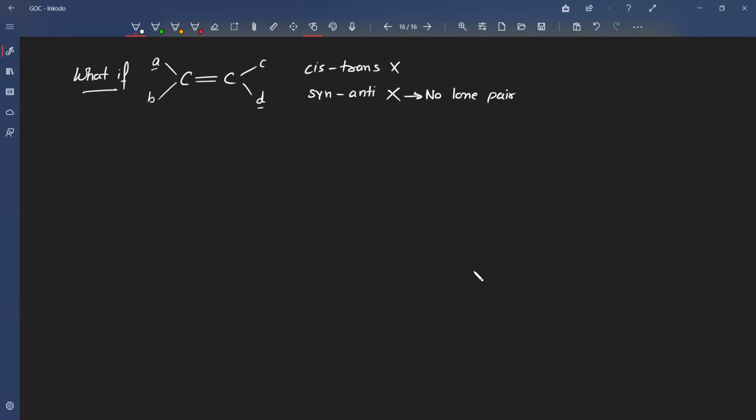Clear? So that means there's a need for a new system, right? Because if C and D exchange their position, that will be a different configuration. So there should be two different names or two different adjectives added to these two different configurations. How to solve that problem, we will see next.